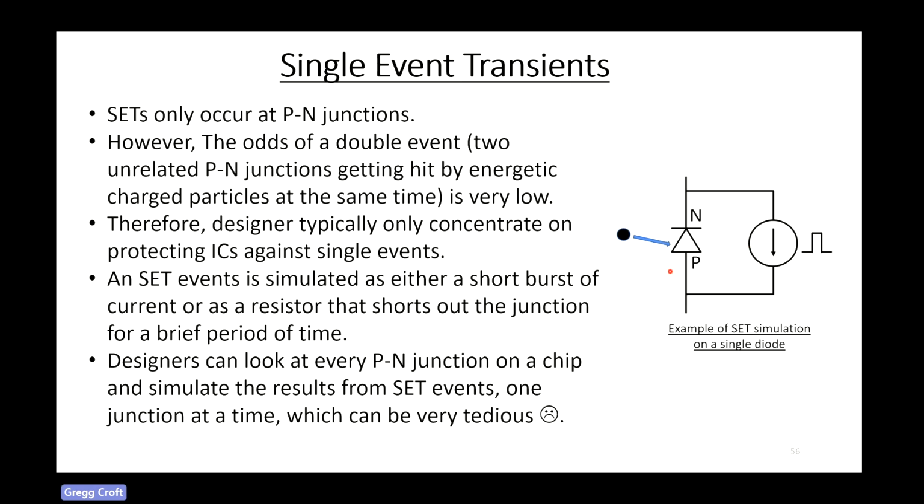Let's say we have this PN diode here, and we want to simulate what happens if it gets struck by an energetic charged particle. Well, we model that as a little short burst of current here that is basically across this reverse bias junction. So designers can look at every PN junction on the chip, and they can simulate the results from these SETs, one junction at a time.